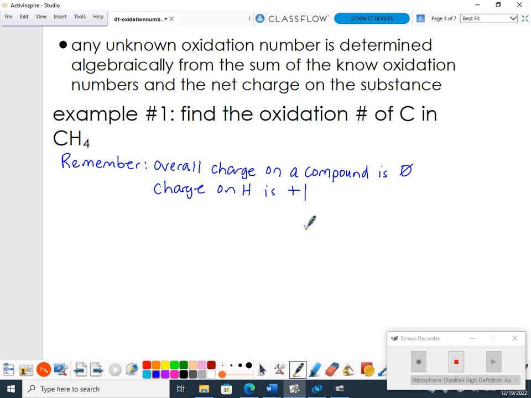So that's one of the reasons we say that charges are crisscrossed. Why does that happen? So that the overall stability is greater as a compound. So then we're going to add whatever the oxidation number of carbon is, which we don't know, plus 4 hydrogens is equal to 0. So then if you know what hydrogen is, we can solve for carbon.